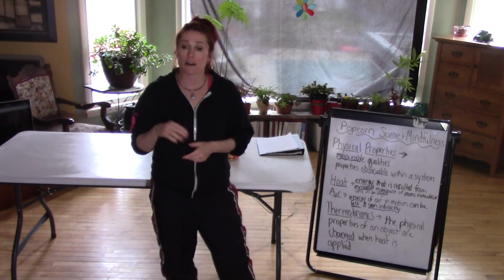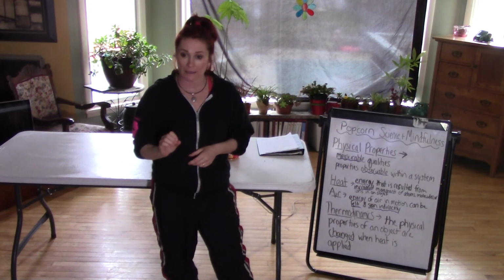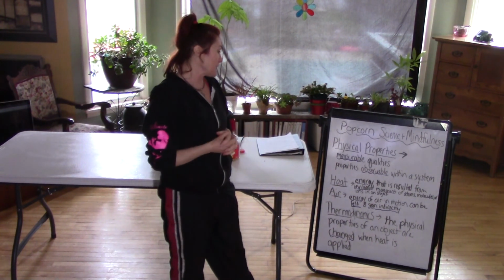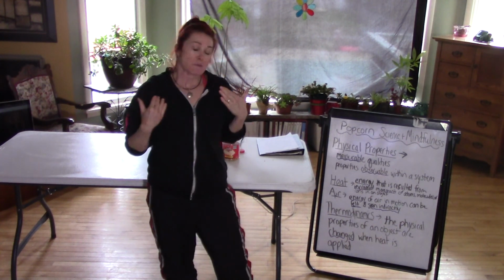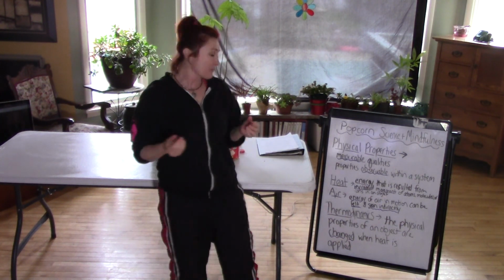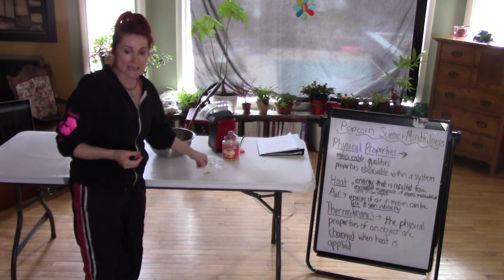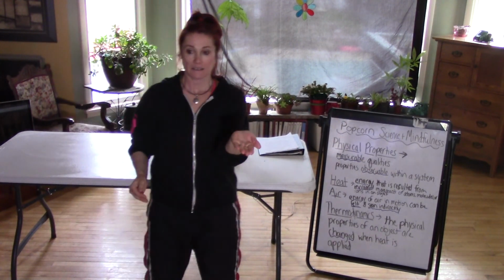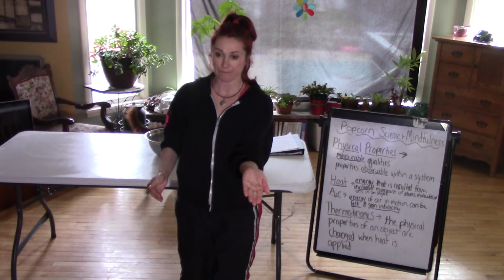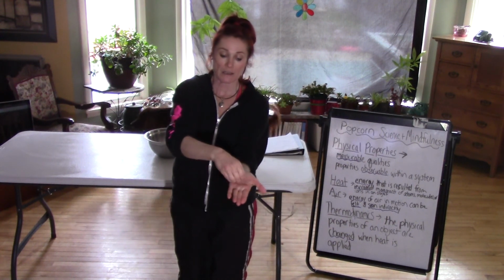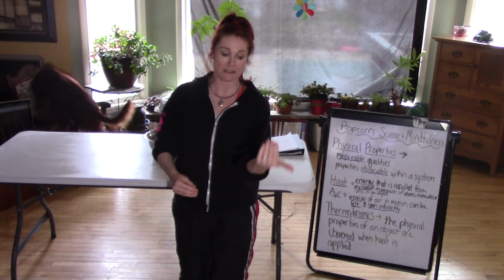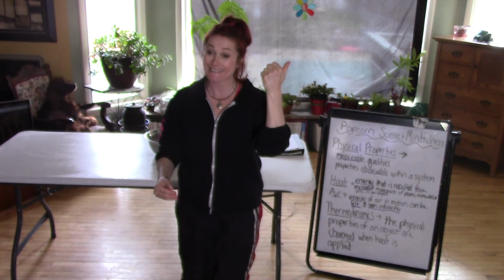Physical properties are measurable qualities of an object, and they are observable within a system. So for instance, if we looked at a kernel of popcorn, I just have one here. Y'all know what that looks like, right? It's hard. I just dropped it. It's okay.